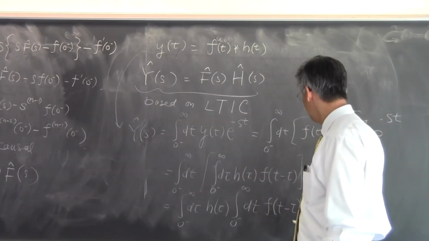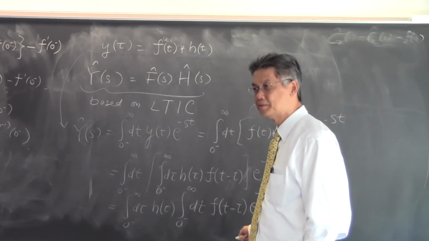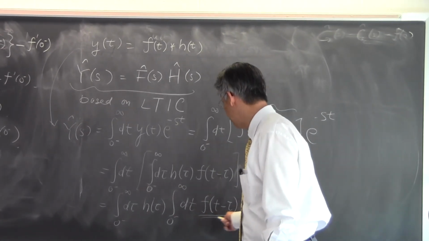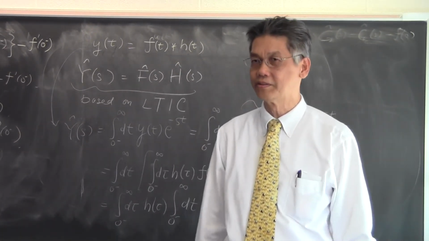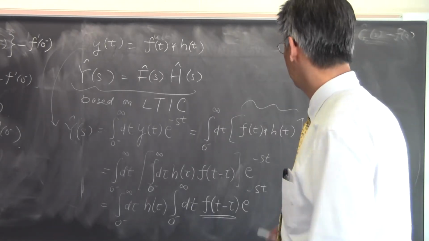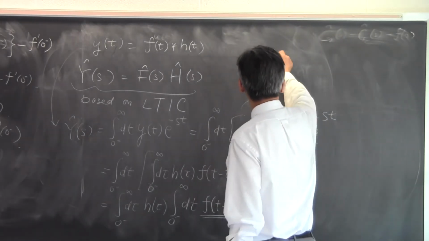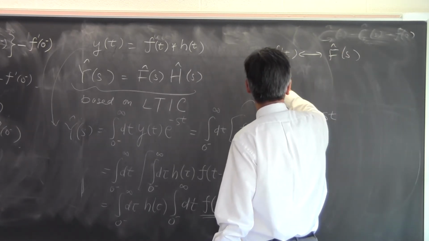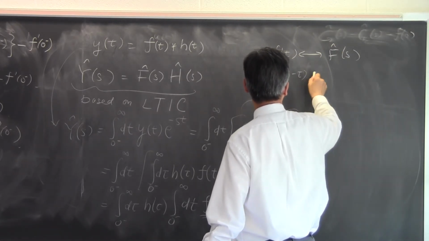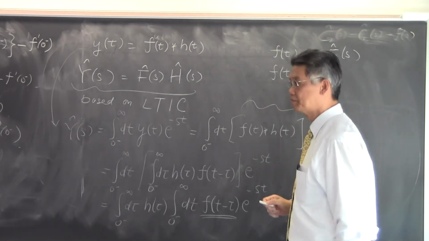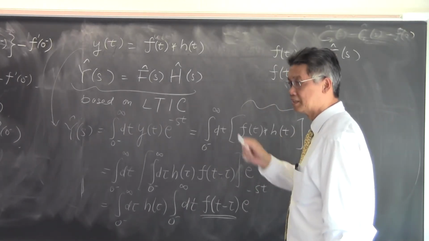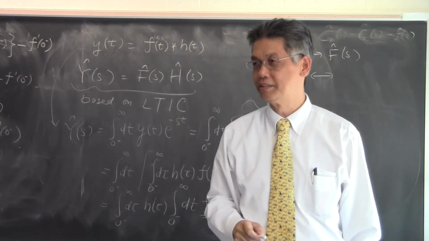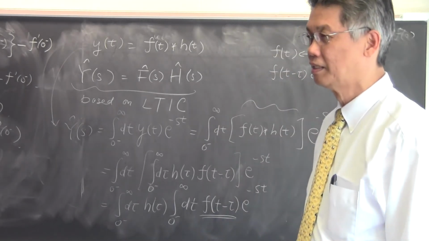I can either do this by a change of variables, or I can use the time delay property of the Laplace transform, given that tau is larger than 0. If f of t Laplace transforms to f hat of s, what does f of t minus tau Laplace transform to? We just learned that. No, that is the derivative property, the time delay property.